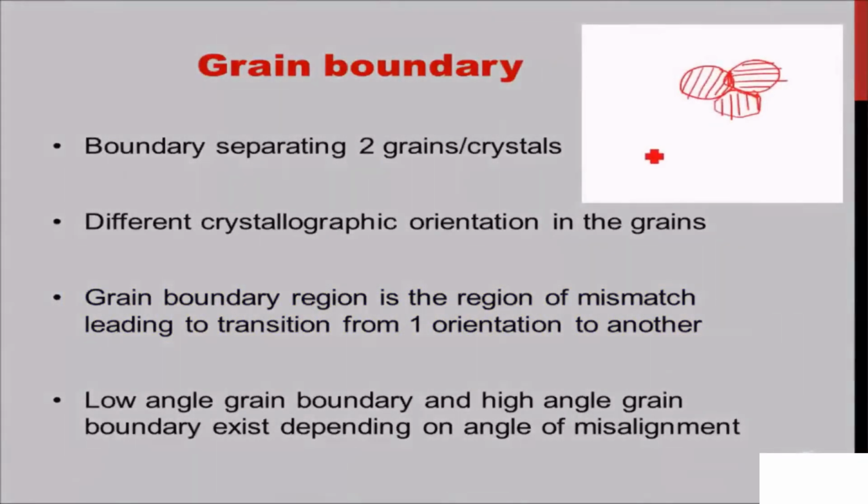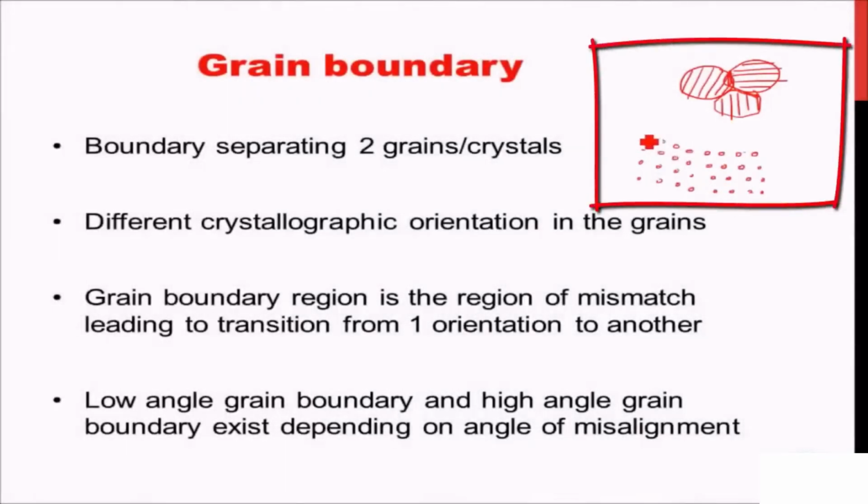In terms of atomic arrangement, suppose in one grain we have atoms perfectly arranged like this, right? Perfect arrangement of atoms like this. But in the adjoining grain, the atomic arrangement changes. So like this, right?